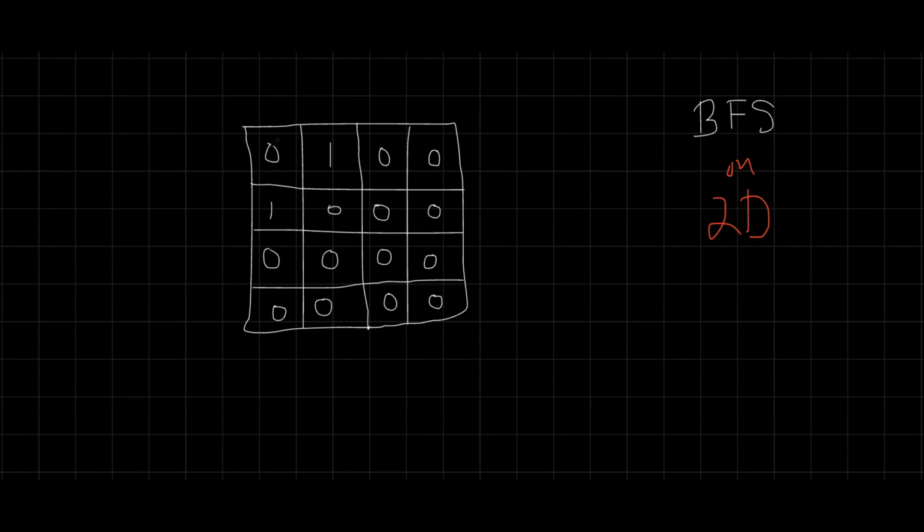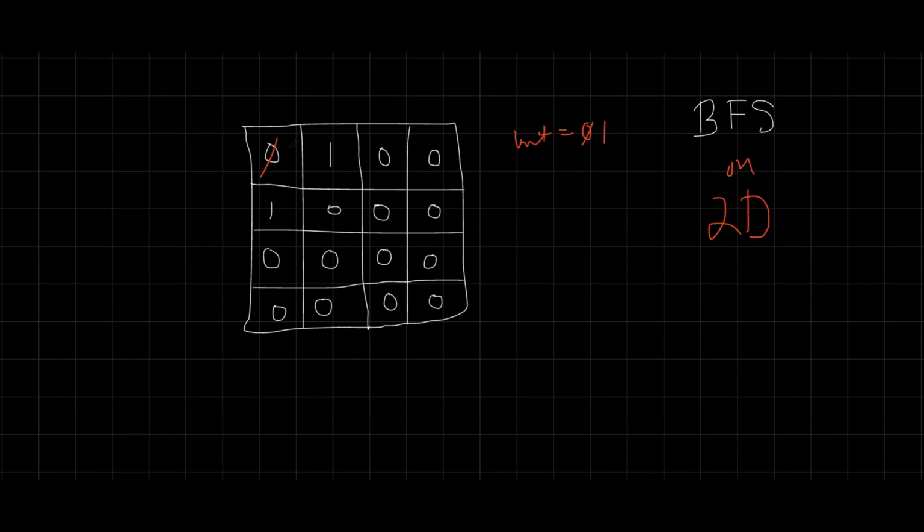Initially, we are at this position 0. Now, let's take a variable named level, initialized with 0. Now, as we are currently in this cell, the level will be 1. Now, we have to recursively call that BFS into all of its adjacent cells.